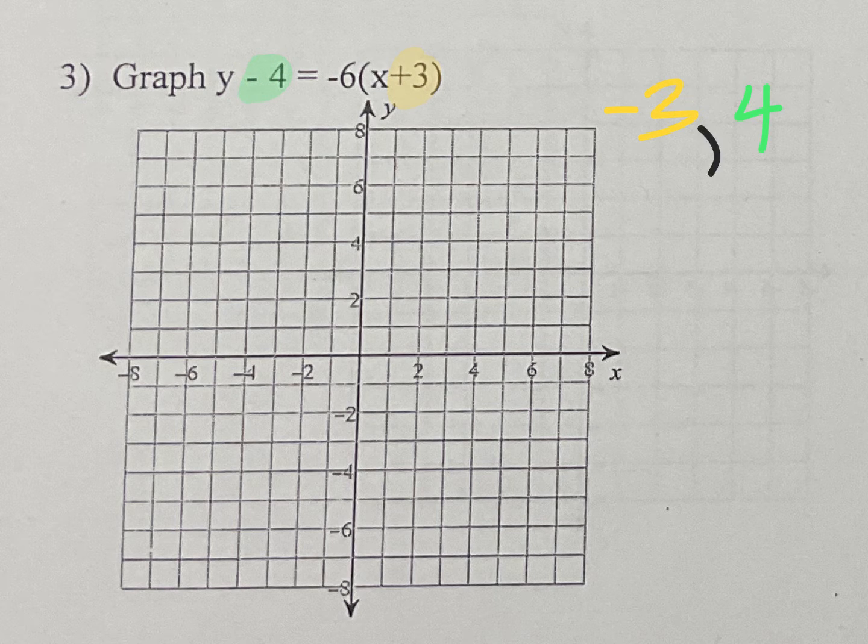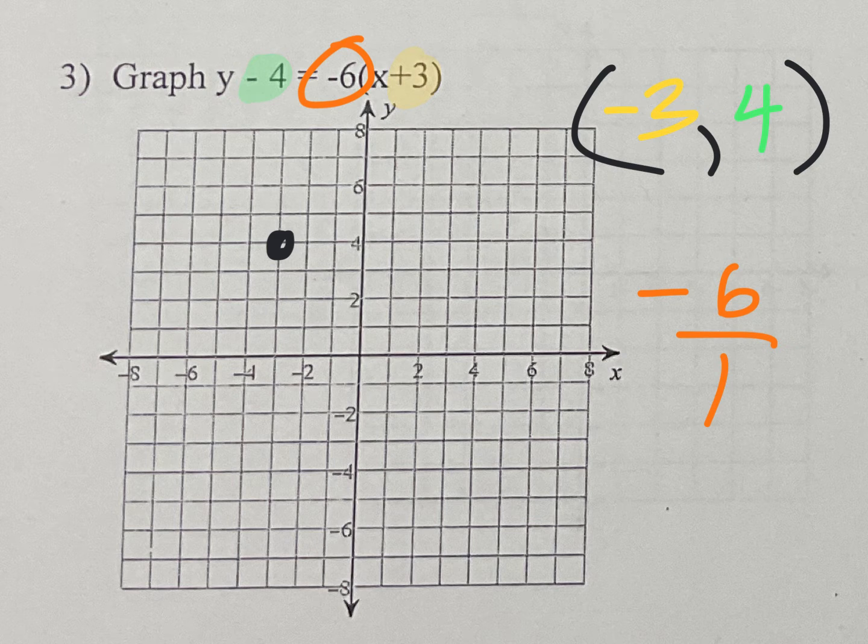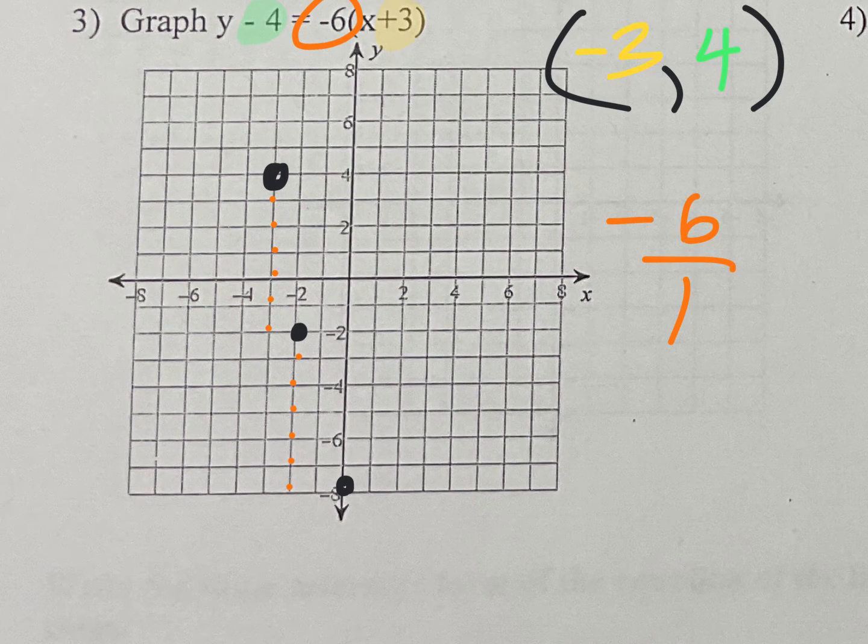So your first coordinate is -3 and +4. Then we're going to do the slope, which is -6 over 1. So I can go down 6 and over 1, down 6 over 1.